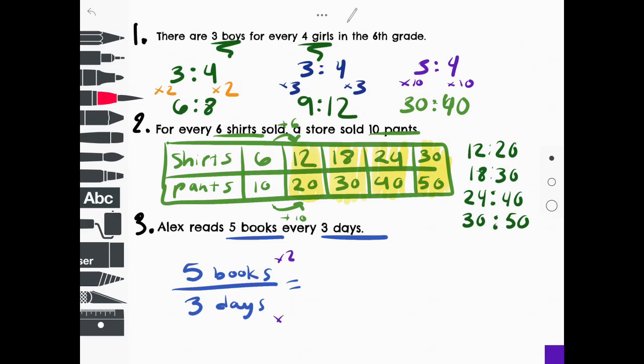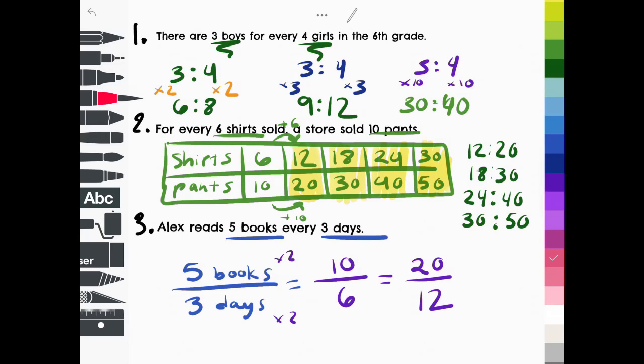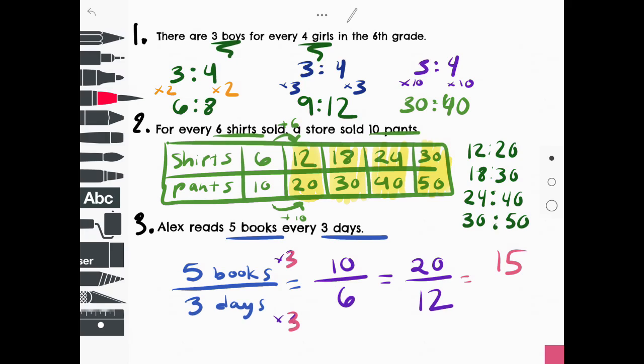So 5 times 2, 3 times 2 would give you 10 over 6. Now, if you want to double that again, you can and do 20 over 12, or maybe you wanted to multiply by 3 instead. 5 times 3 would be 15, 3 times 3 would be 9. So these are also equivalent ratios.